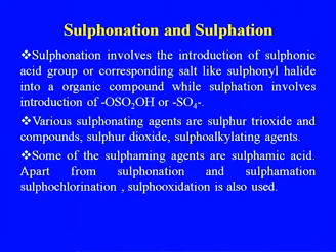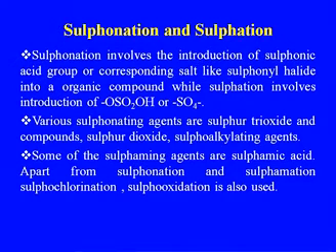Sulfonation and sulfation is also one of the very important reactions in the chemical process industry, where we need some sulfonated compounds. Sulfonation involves the introduction of a sulfonic acid group or the corresponding salt, like the sulfonyl halide, into an organic compound, while sulfation involves introduction of the OSO2OH group or the SO4 group.